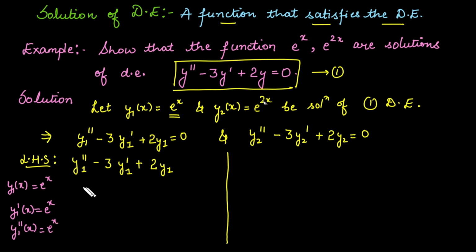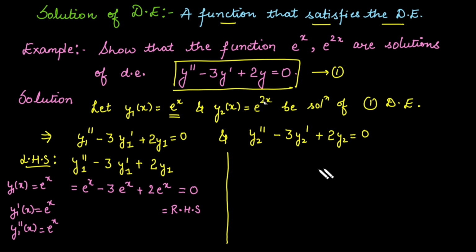So the value is e raised to power x minus 3 times e raised to power x plus 2 times e raised to power x. Now simplify that, you will get 0, which is your right hand side. So clearly your first function y1(x) is a solution of the differential equation 1.